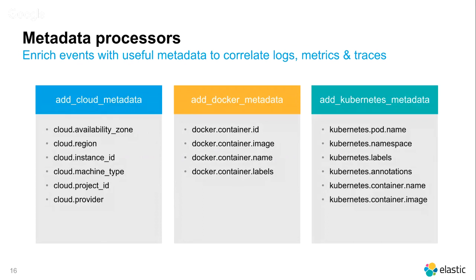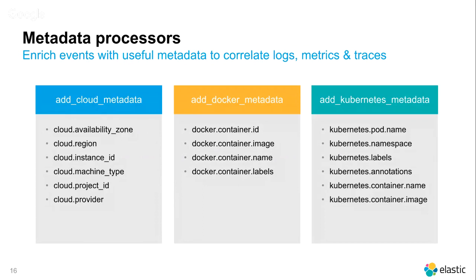When you are getting logs from different containers, you want to know what was the host where they were running, or maybe what was the container ID or the container image version, things like that. Through metadata processors, we can enrich the events that come from Beats with really useful information that will help you later on to navigate these logs or metrics.